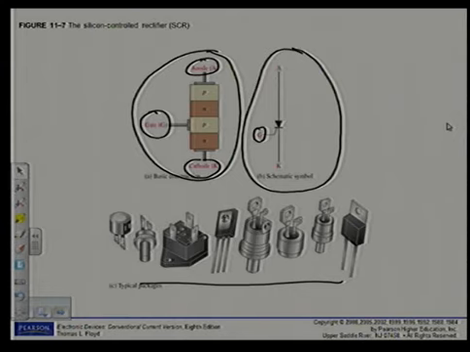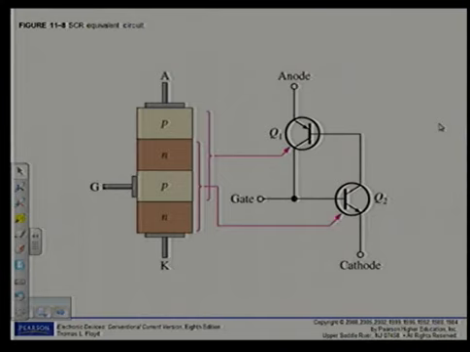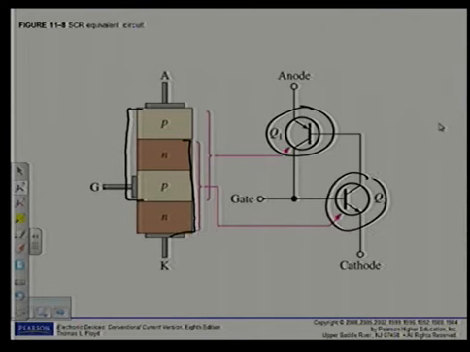Alright, on page 558, have a look at the SCR equivalent circuit. Because of the 4 layers, I can see here I have an equivalent circuit as indicated here, with the top 3 layers forming a PNP transistor, and then with the bottom 3 layers as indicated here, I have an NPN transistor.